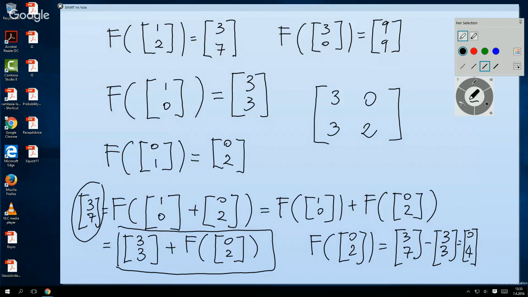That's the matrix that induces F. And if you're in doubt, it just takes less than a minute to multiply this matrix by 1, 2 and figure out that you get 3, 7, and by 3, 0 and figure out that you get 9, 9. That's just to check that what we've done is correct.